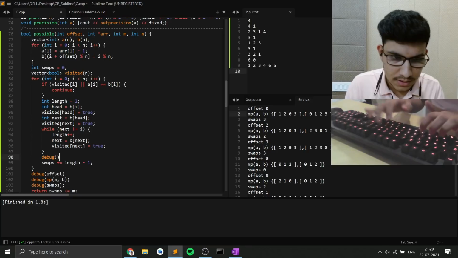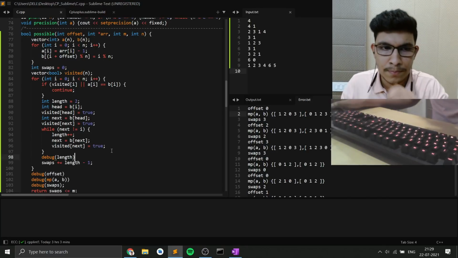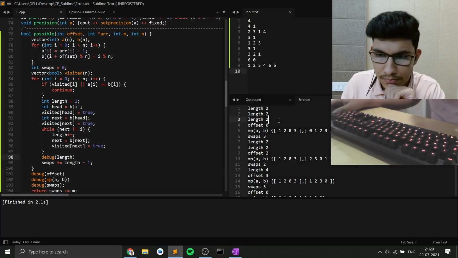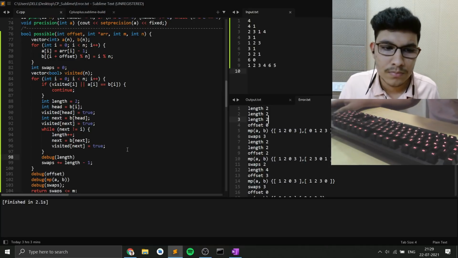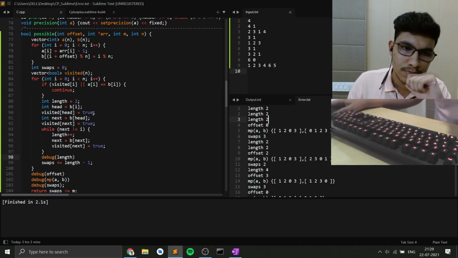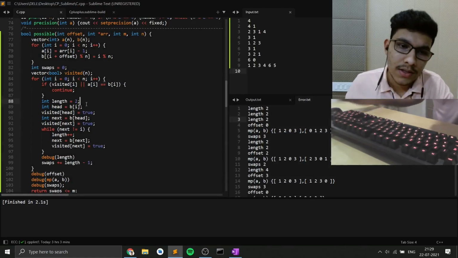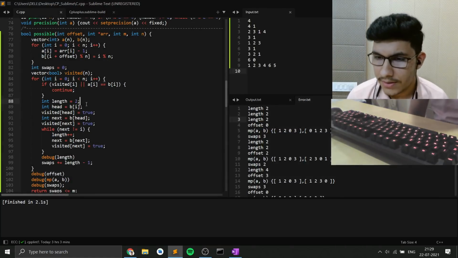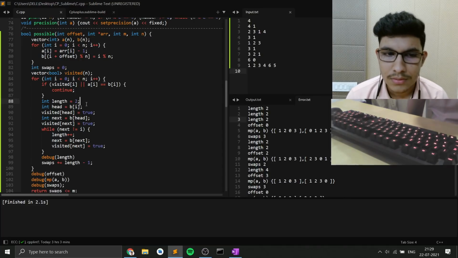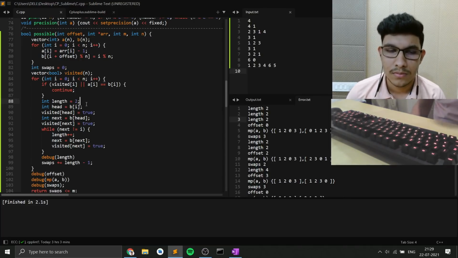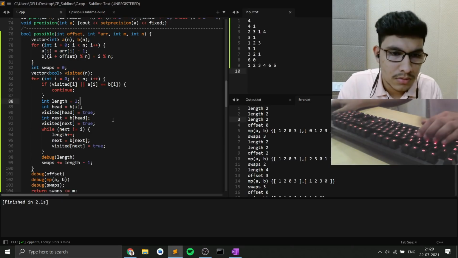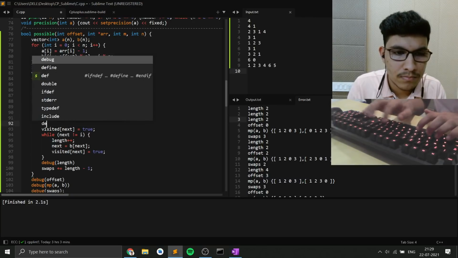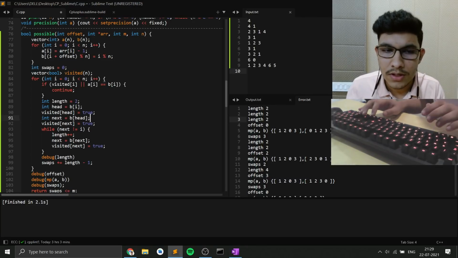So let's just debug the length here. Int length equals to 2, head equals to B at I. This is where we are standing. We need to convert B to A, right?